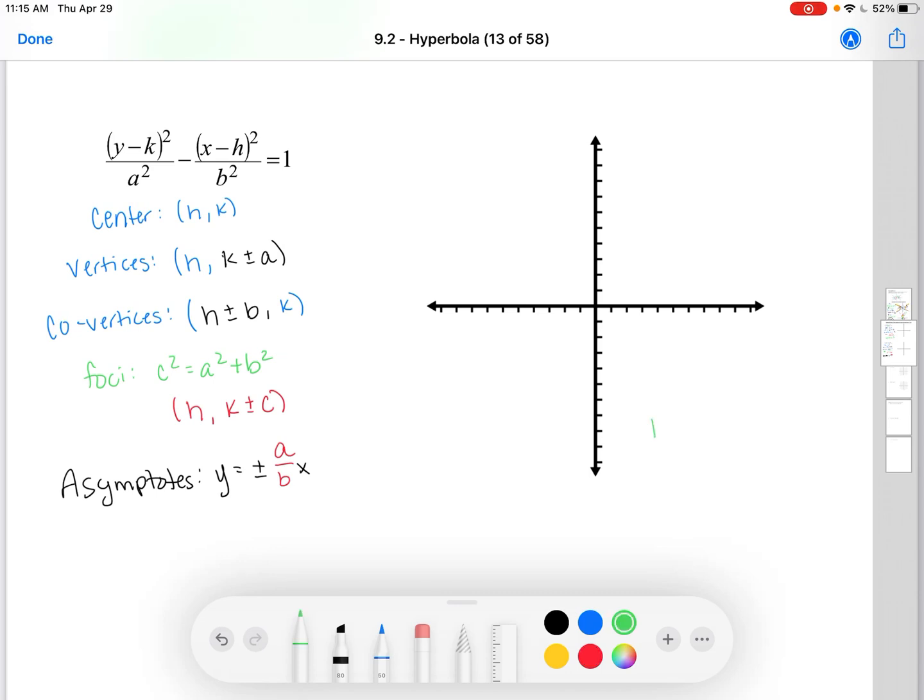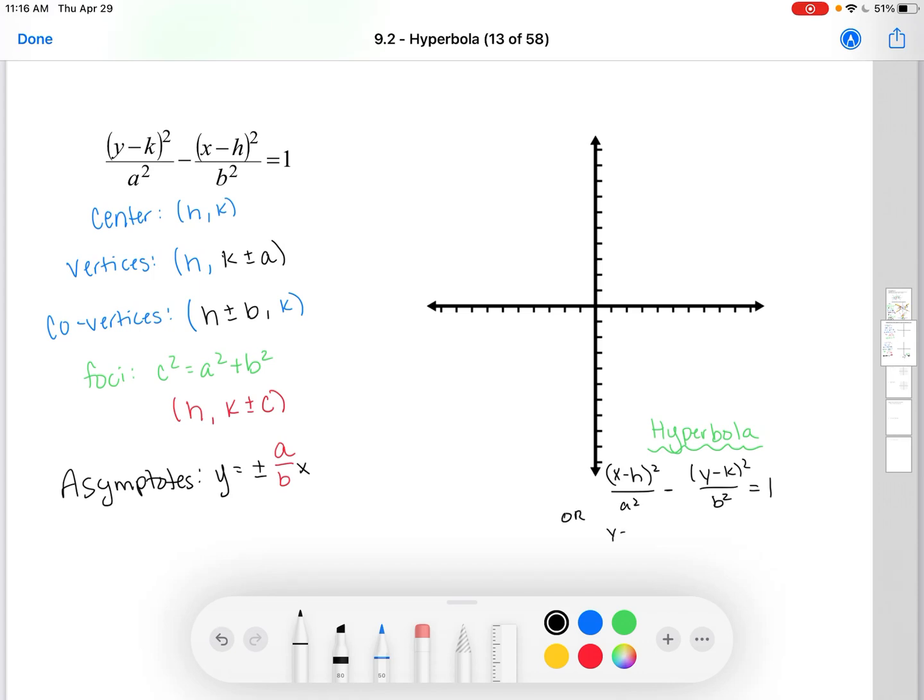So some key features of a hyperbola. Things that make a hyperbola unique from the rest. We have the function x minus h squared over a squared minus y minus k squared over b squared always equals 1.